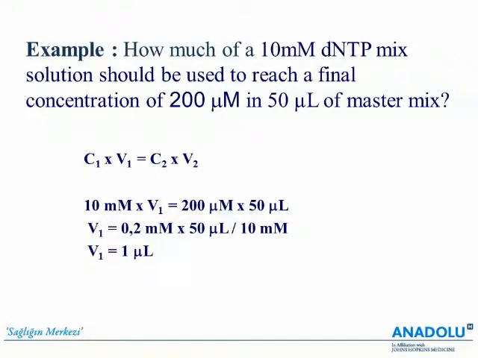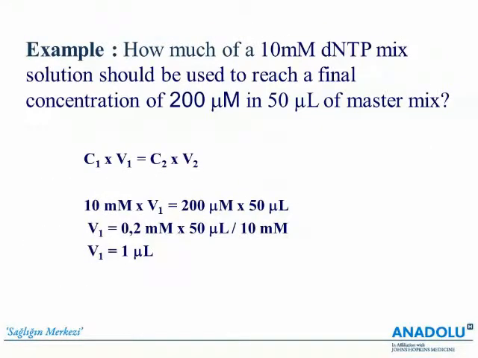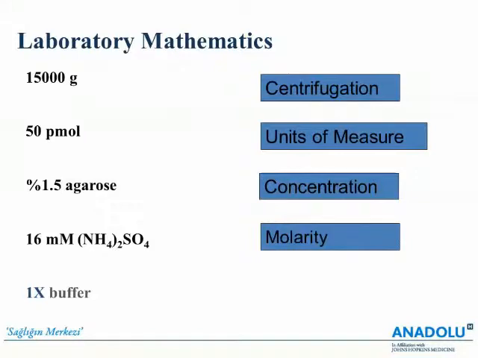And then when we put our numbers in the equation, we find that the amount we need to take would be 1 microliter. We take 1 microliter of the 10 millimolar dNTP mix. We make it to a final concentration of 200 micromolar in the 50 microliter master mix.